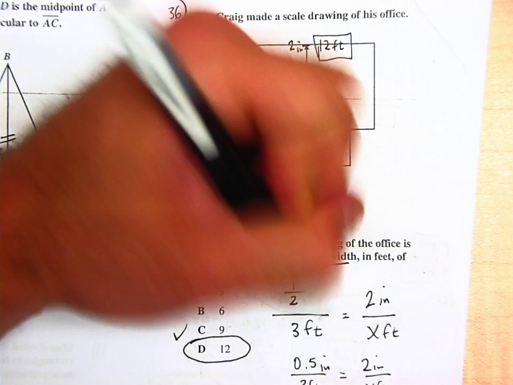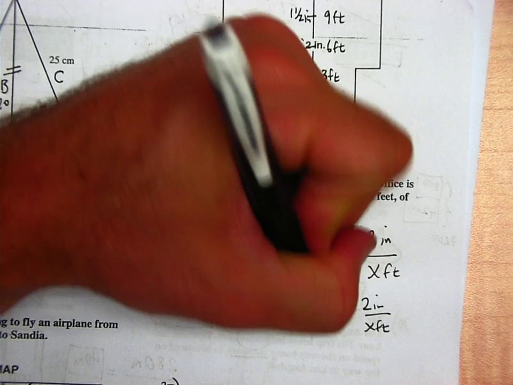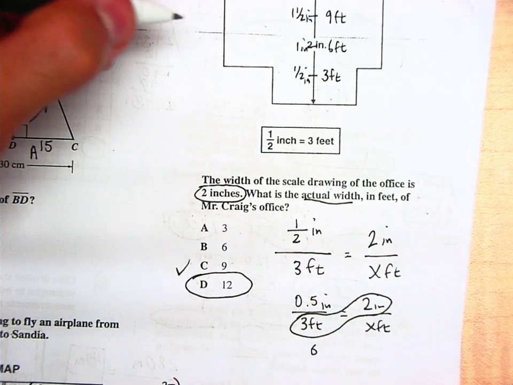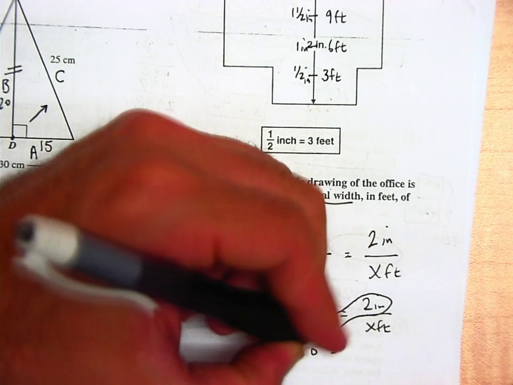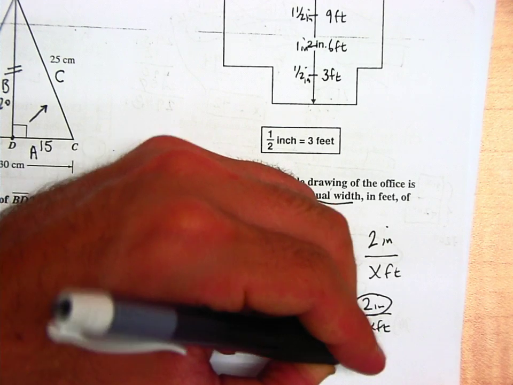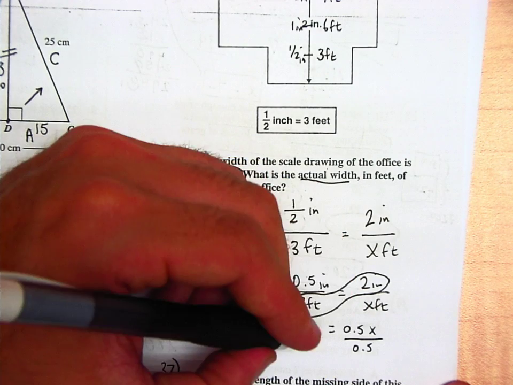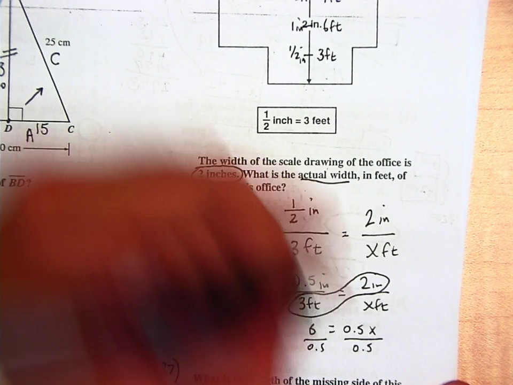So to solve this I can cross multiply and divide. 3 times 2 is 6, and 0.5 x is there. I need to then divide by 0.5, divide by 0.5.